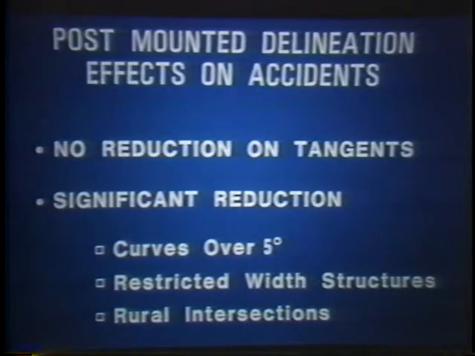The use of post-mounted delineation has been studied in depth. The major findings of these studies are: accidents are not reduced on tangent sections, but significant accident reduction occurs for curves over 5 degrees, for restricted width structures, and for rural intersections.